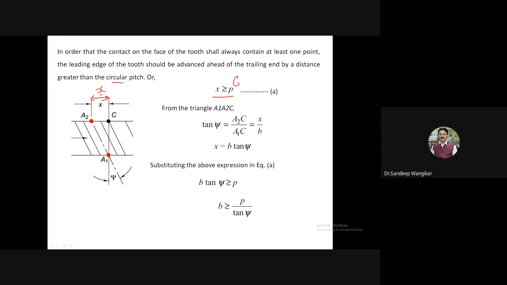Now we have to substitute some values to standardize it. So consider triangle A1 A2. This triangle we have to consider, as shown here. This is the triangle A1 A2 C.